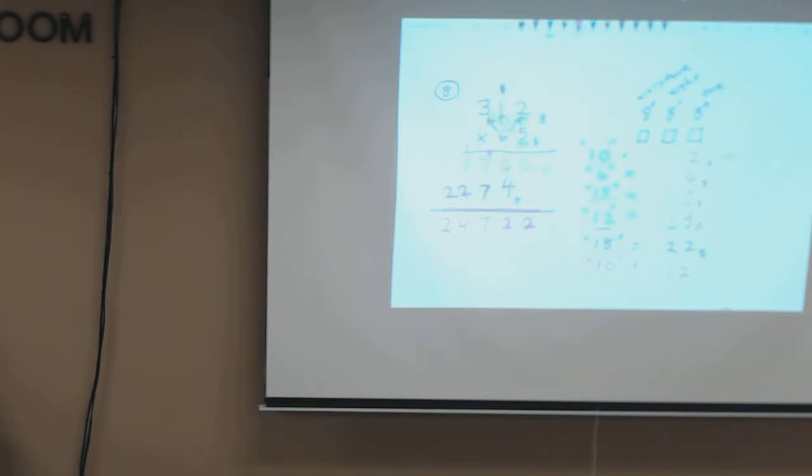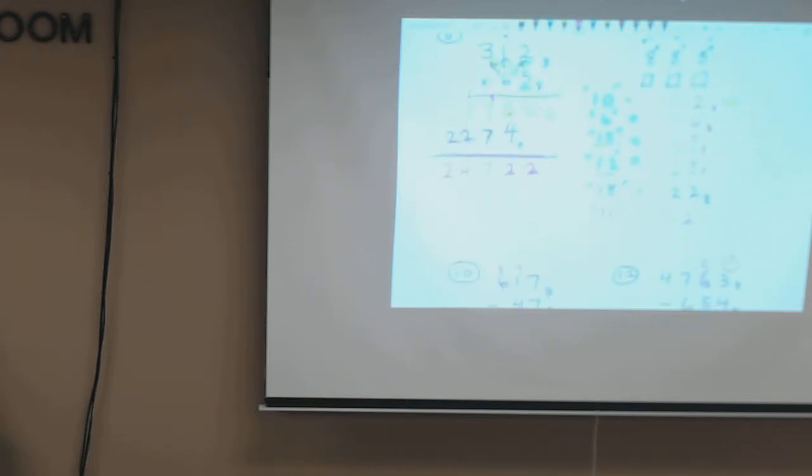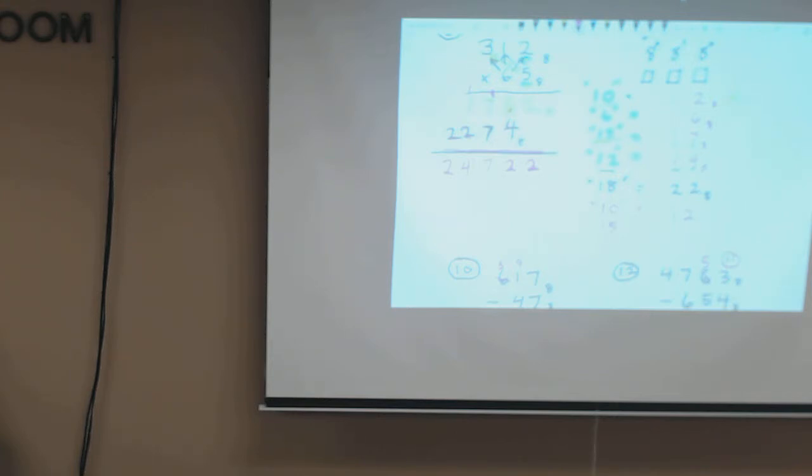What's 7 plus 7? 14 plus 1 more is 15. How do I say 15 in base 8? 1 8 and 7 ones. Put down a 7 and carry a 1. 2 and 1 is 4. And then bring down the 2. So 2 4 7 2 2 in the base 8.